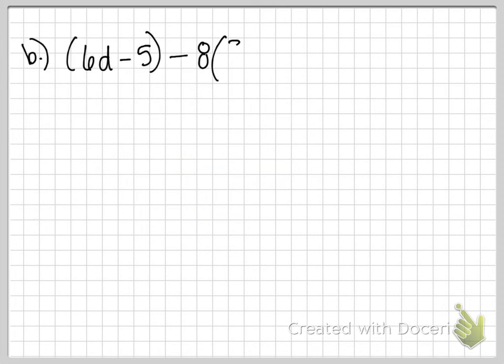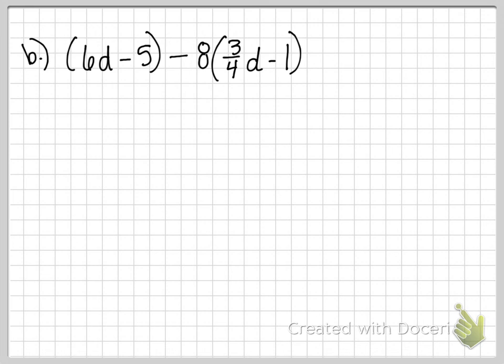Let's do one more. Okay, now we've got two expressions. Let's look at how we need to do this. Now we talked in our last lesson, the second lesson in the chapter, about subtracting expressions.